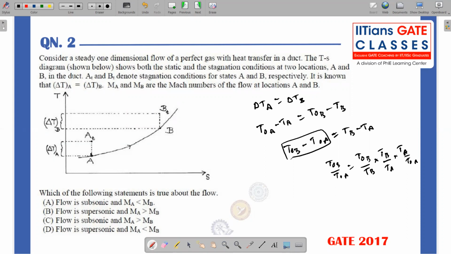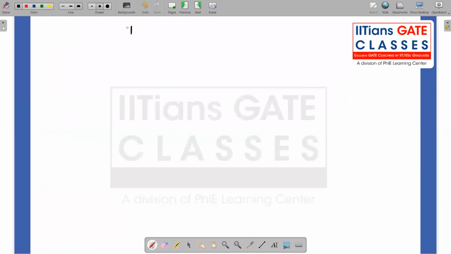stagnation property change. So what we can write is T naught B equals TB times 1 plus gamma minus 1 by 2 times MB square. Similarly, T naught A equals TA times 1 plus gamma minus 1 by 2 times MA square. Let us call these equation 1 and equation 2.